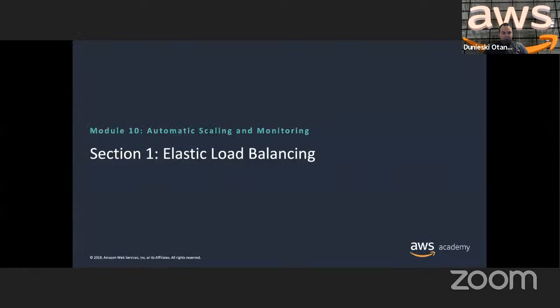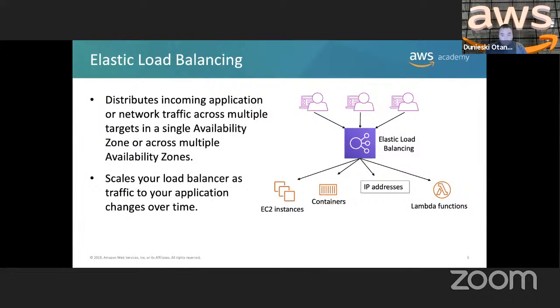Now, elastic load balancing. Guys, there are three types of elastic load balancers in AWS. One is the application load balancer, which works on layer 7 of the OSI model, the application layer. The network load balancer works on layer 4, which is the transport layer.